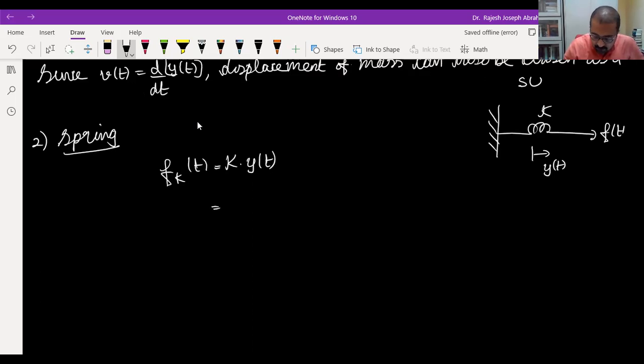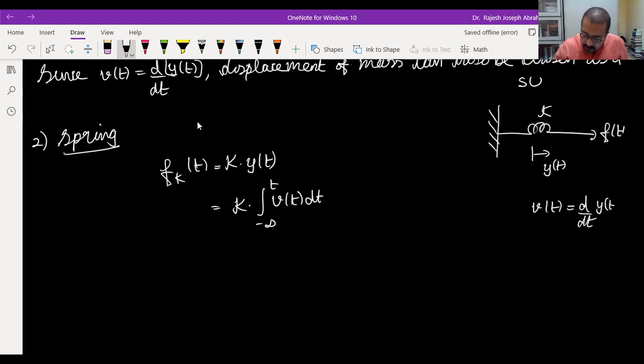So in terms of velocity, what can you write? K into integral minus infinity to t of linear velocity. Is it not? Because v of t is d by dt of y of t, so y of t will be integral v dt.